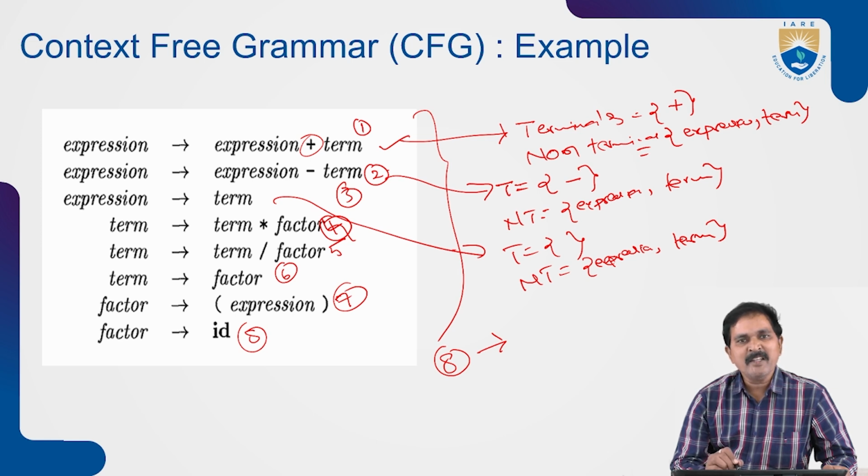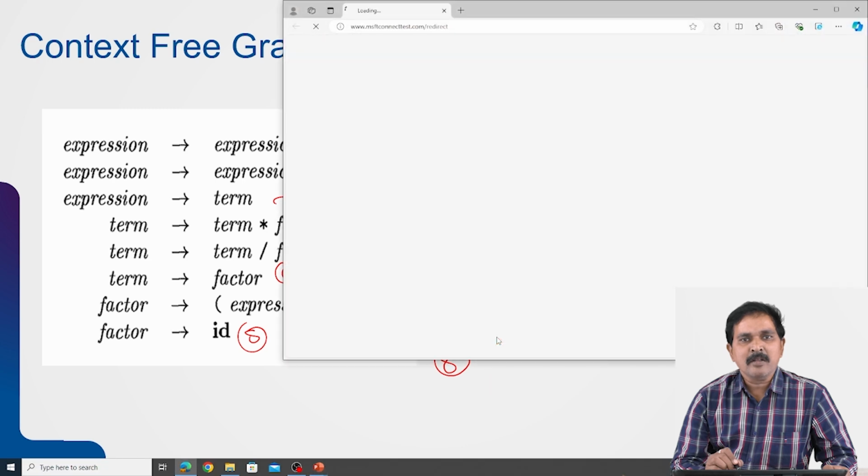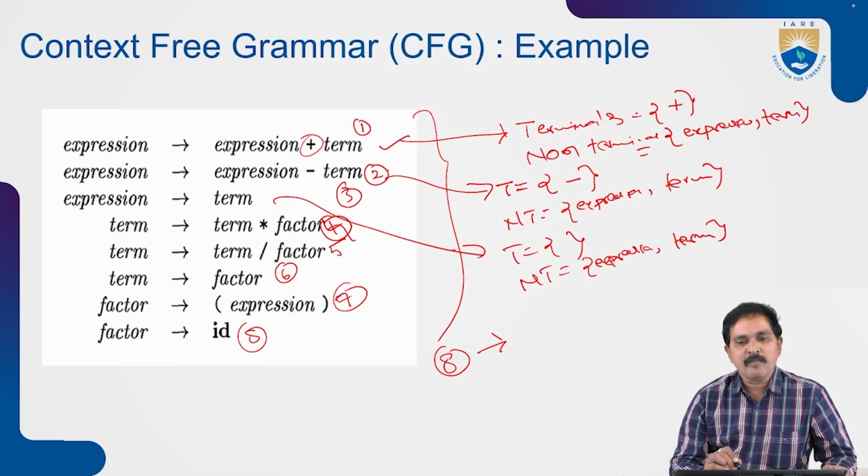Basically, in compiler design, the first phase is the lexical analyzer. After that, you take the sequence of valid tokens received from the lexical analyzer and pass them to the next phase, the syntax analyzer.